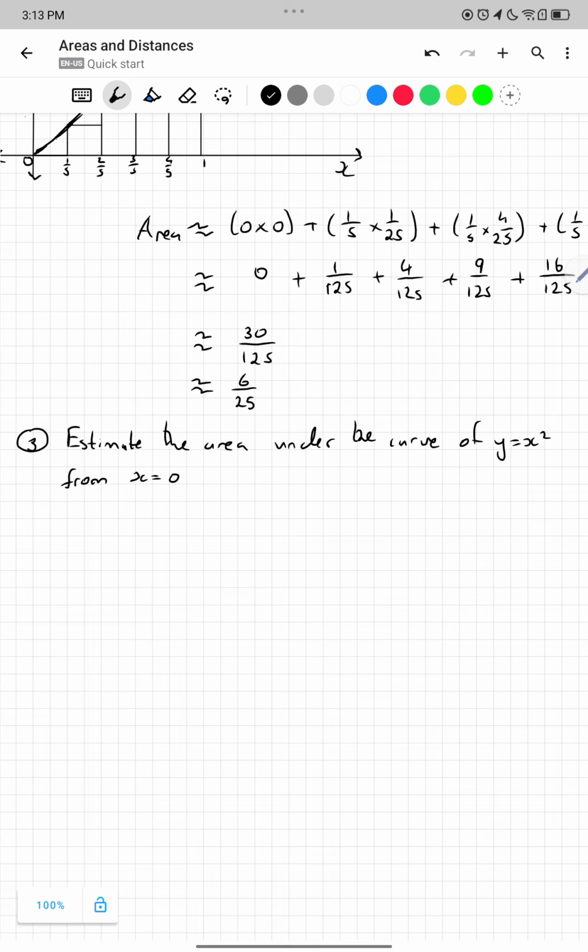From x equals 0 to x equals 7 using 6 rectangles and right endpoints. That's our A. I should have just said using right endpoints.